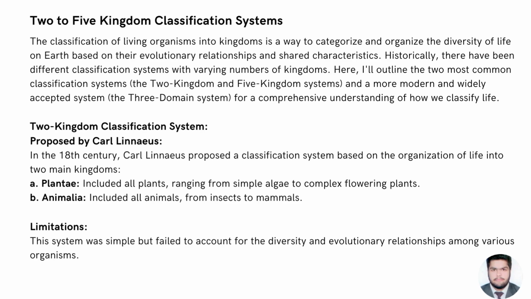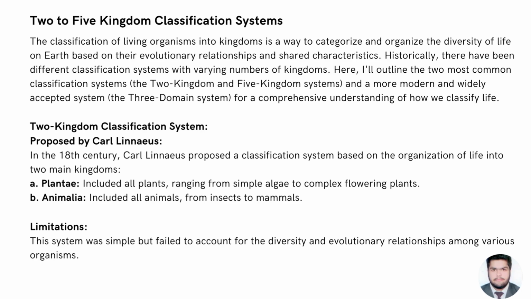For a comprehensive understanding of how we classify life: two kingdom classification system proposed by Carl Linnaeus in the 18th century. Carl Linnaeus proposed a classification system based on the organization of living things into two main kingdoms, Plantae and Animalia.